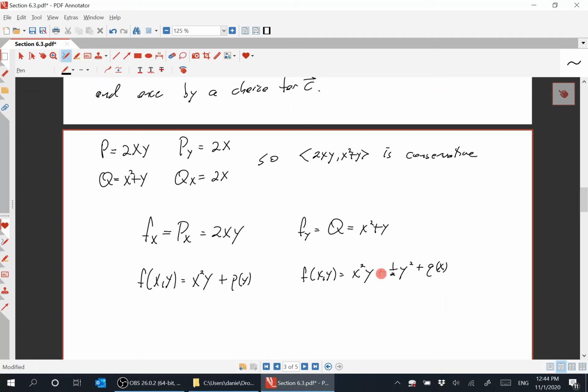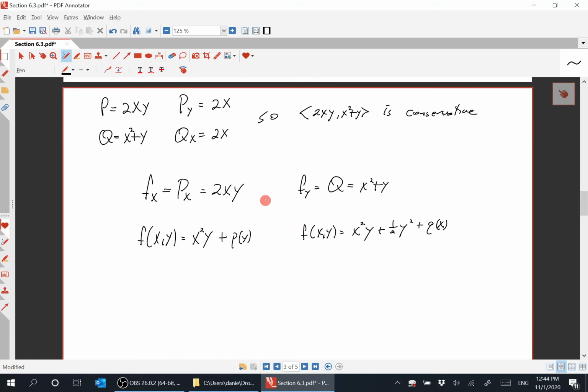So what is f of x,y that makes this work? You can set them equal to each other if you want and check it out. Here we've got the term x squared y, and we've got the term x squared y. Here we've got the 1/2 y squared, and here we've got the function of y. So the function of y can be equal to this, and then the function of x is 0.